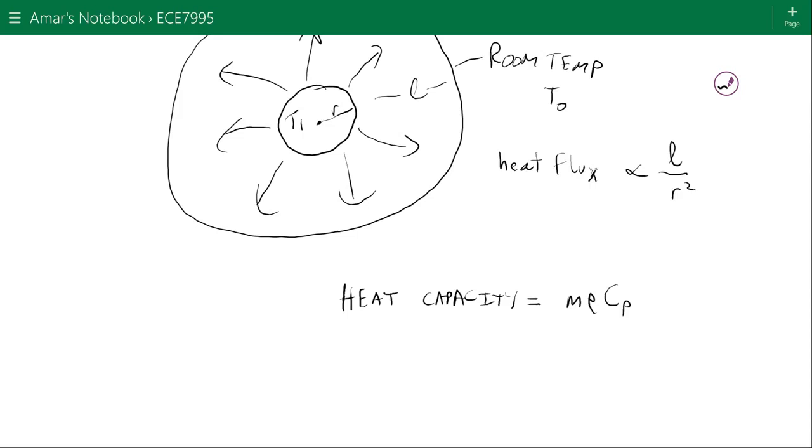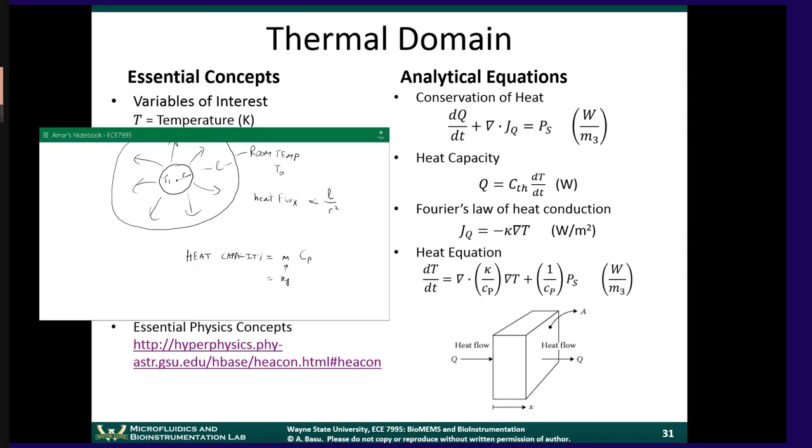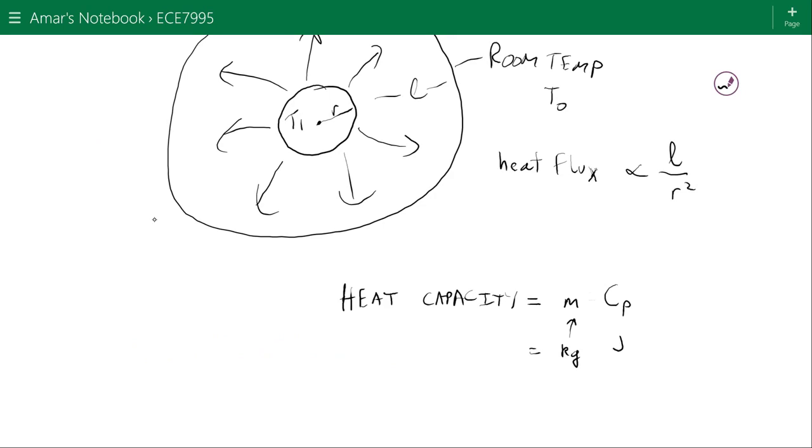If we look at the units for this, the mass is in kilograms, and the specific heat is in joules per kilogram times Kelvin. So the heat capacity is joules per Kelvin.